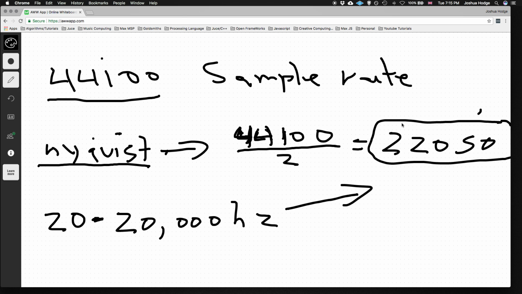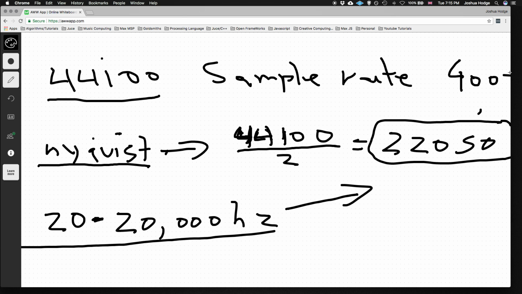I don't want to get into all that, but there's a little bit of headway off of this 22,050 hertz, where they're basically able to low pass filter any higher sounds that might alias onto the frequencies that we can hear, and that's why we have 44,100 hertz as our sampling rate, rather than just something like, let's say, 40,000.